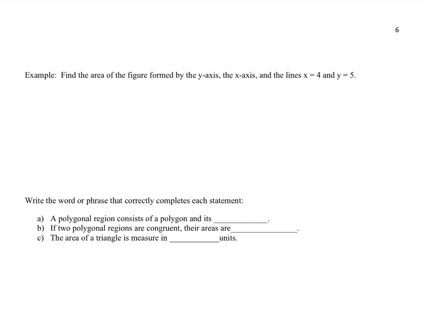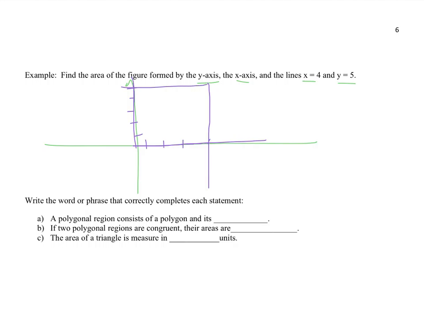Okay, on to the next section. Find the area of the figure formed by 4 things happening. By the y-axis, so that's going to be one side of my figure, the x-axis, the lines x equals 4, so I'm going to go to x equals 4, 1, 2, 3, 4, and draw a vertical line, and y equals 5, 1, 2, 3, 4, 5, and a horizontal line.